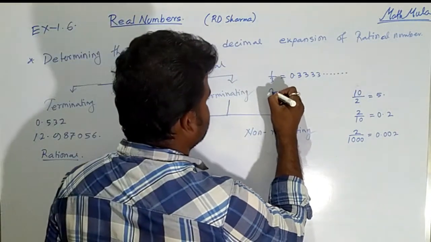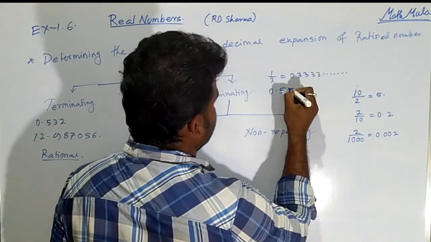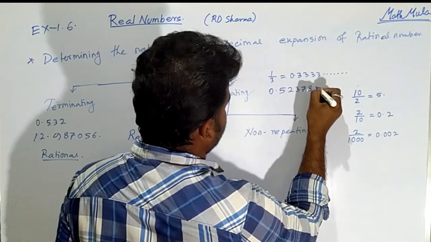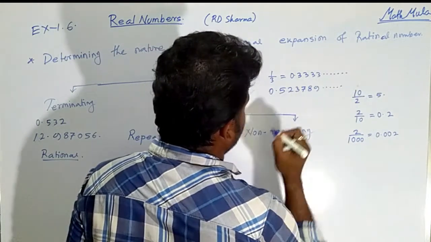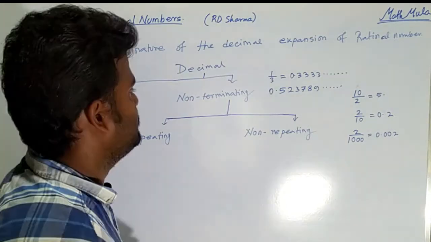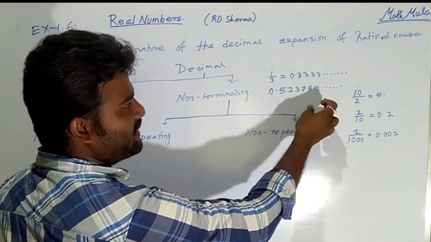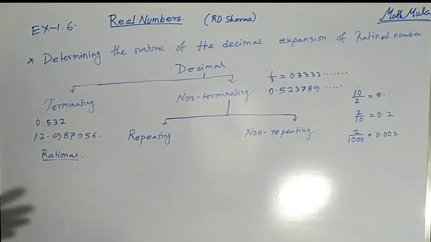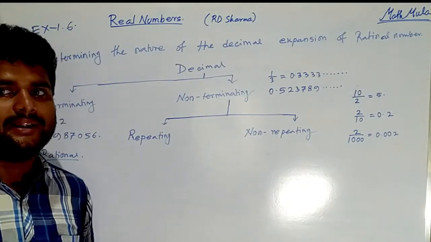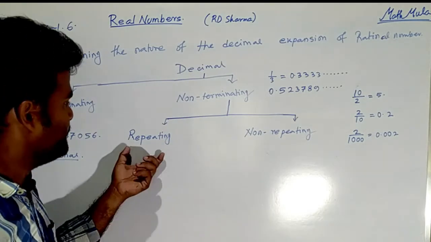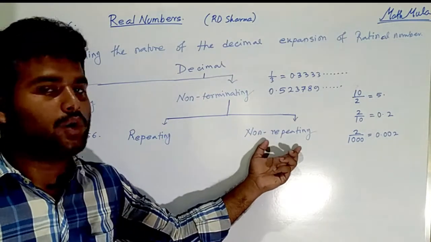Similarly, we can write 0.523789 up to infinity. They are all non-terminating. That means the decimal places do not stop after some time. It goes to infinity. Now in non-terminating, there are two types of non-terminating decimal numbers. One is repeating, another non-repeating.